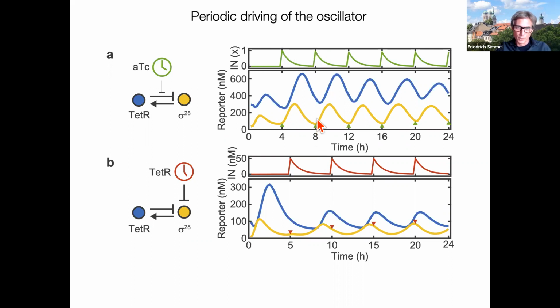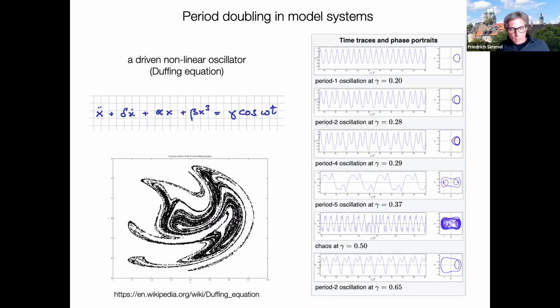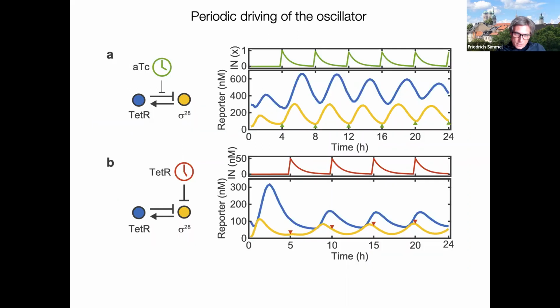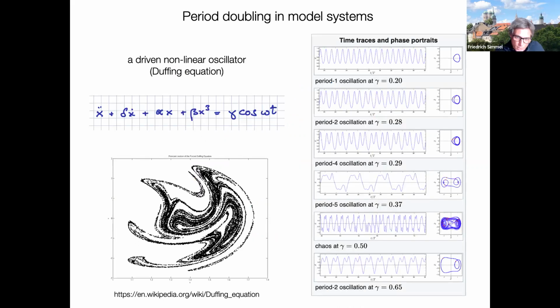And here you see how these oscillations are actually influenced by this external driving. Now, as we saw that this works, that we can actually influence the oscillator with this external rhythm, we thought it would be cool to look for some interesting nonlinear dynamics phenomenon.